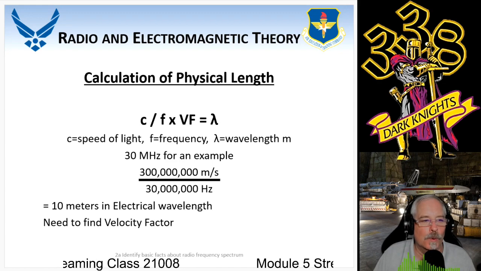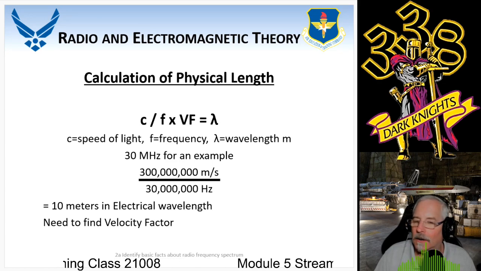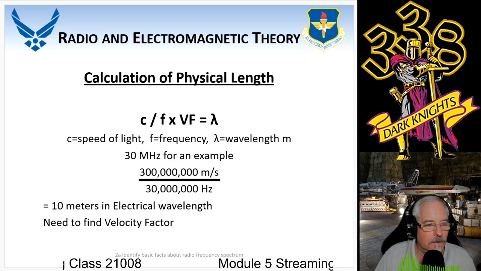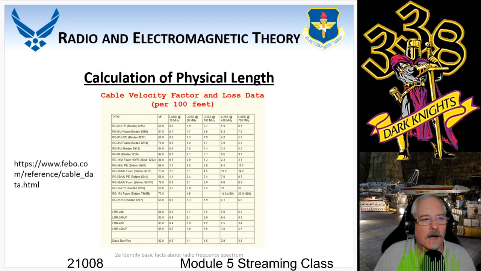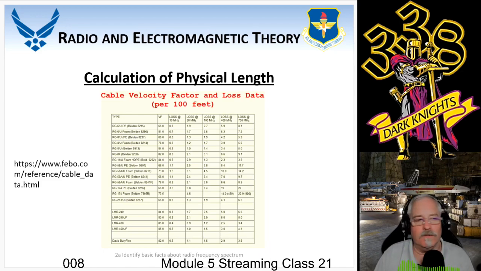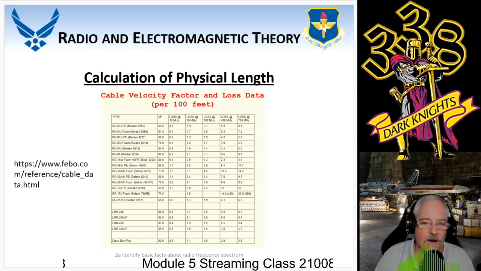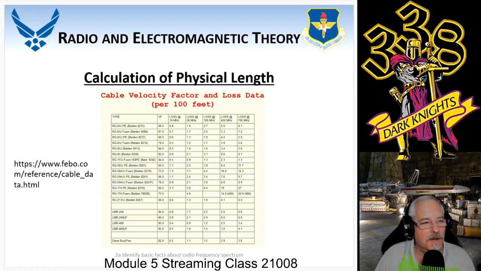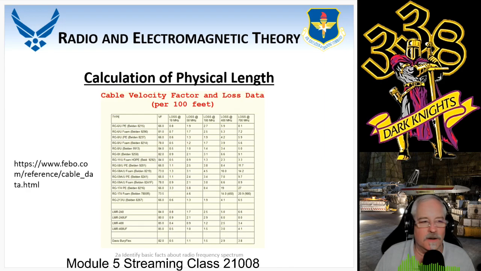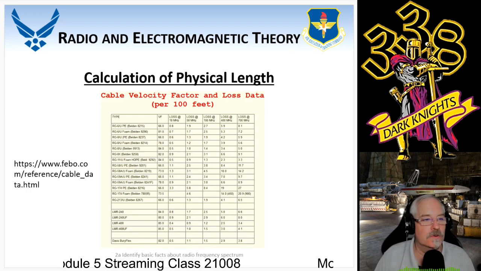Again, we're going to calculate for our electrical wavelength, which is 10 meters. Now we've got to find the velocity factor. I included this particular chart in here. You can find this all over the internet. This one came from the FEBO reference, and this is a chart on some of the common cables we use.